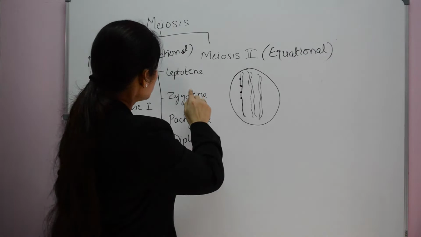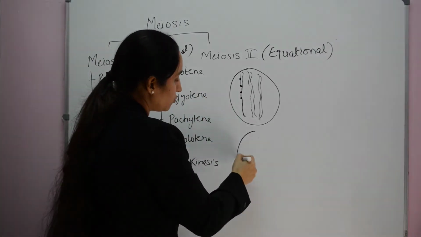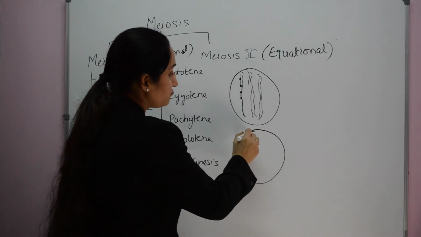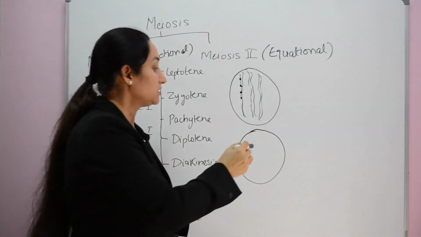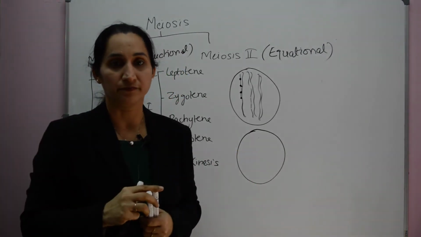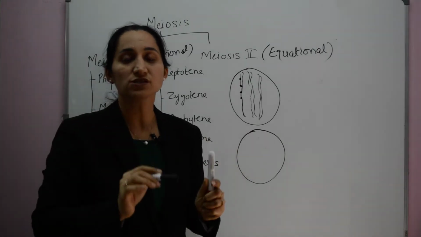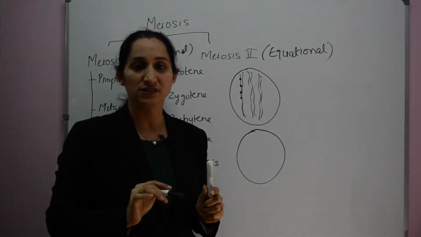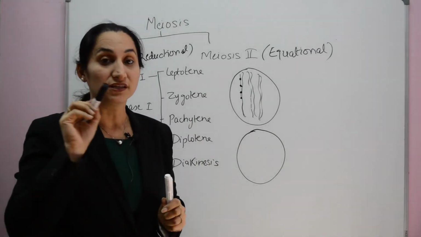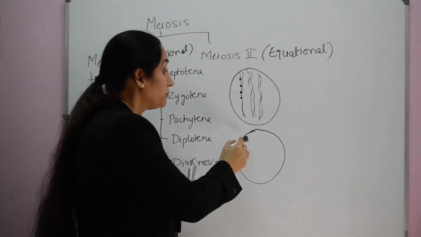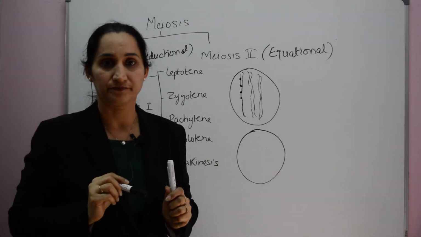Okay. Next is zygotene. Now in the case of zygotene, what will happen? This is a very important stage. Here comes the homologous pair. Now in the case of mitosis, as we know, there are 46 chromosomes, or 23 pairs, but the 46 chromosomes are randomly arranged. But in the case of meiosis, the homologous chromosome will start looking for its pair.